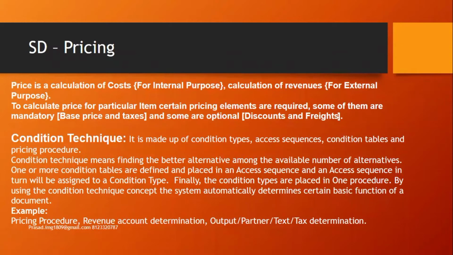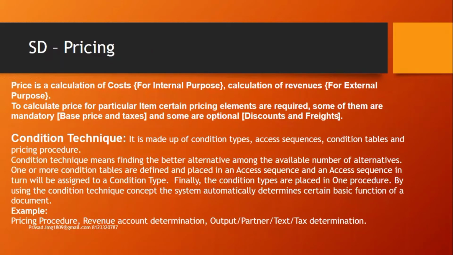So here, one or more condition tables are defined and placed in an access sequence, and an access sequence in turn will be assigned to a condition type. So in this process, what is going to happen here? There are condition tables. Condition tables are nothing but a group of key fields. So which key field is required?